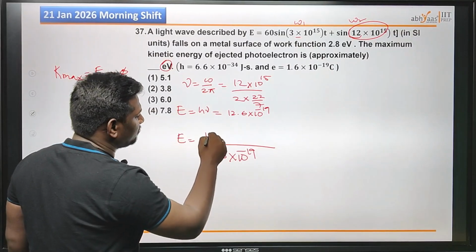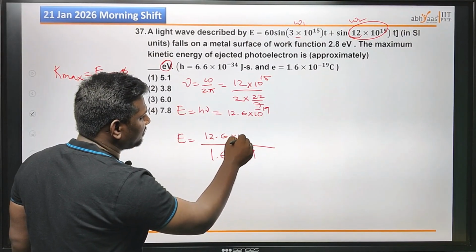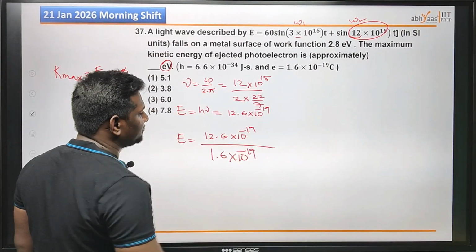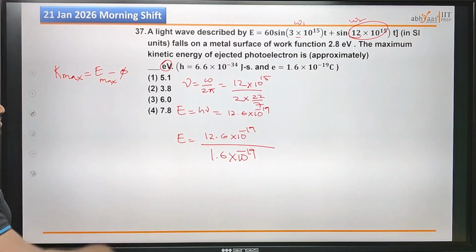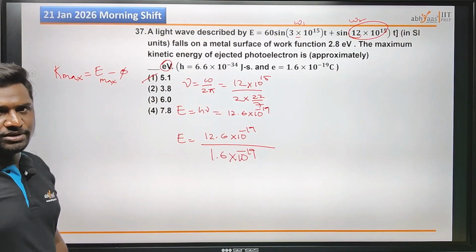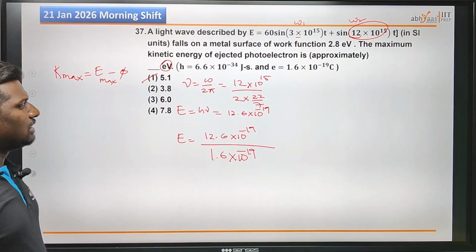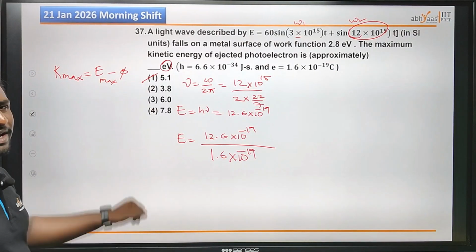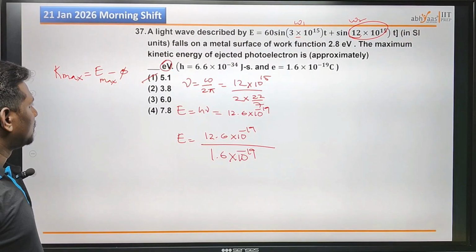So substitute here 12.6 into 10 to the power of minus 19. If you solve this one, you are getting 5.1 value, 5.1 electron volts.